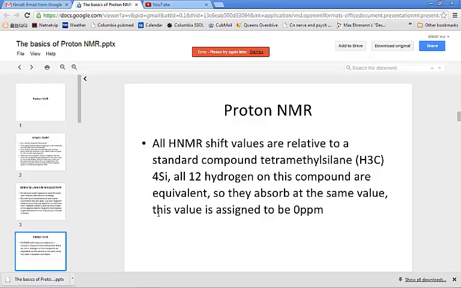As we go on later, you will understand why all the protons of this molecule absorb the same amount of energy.